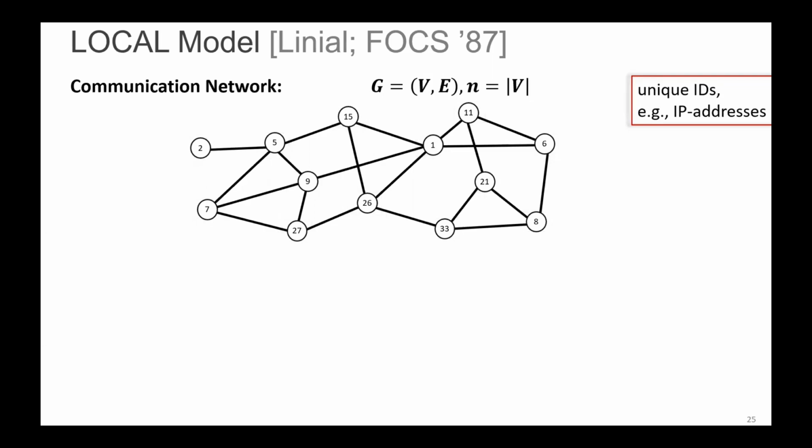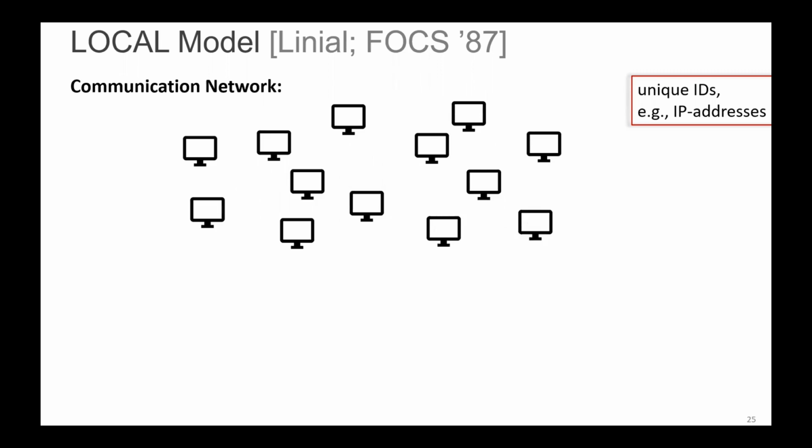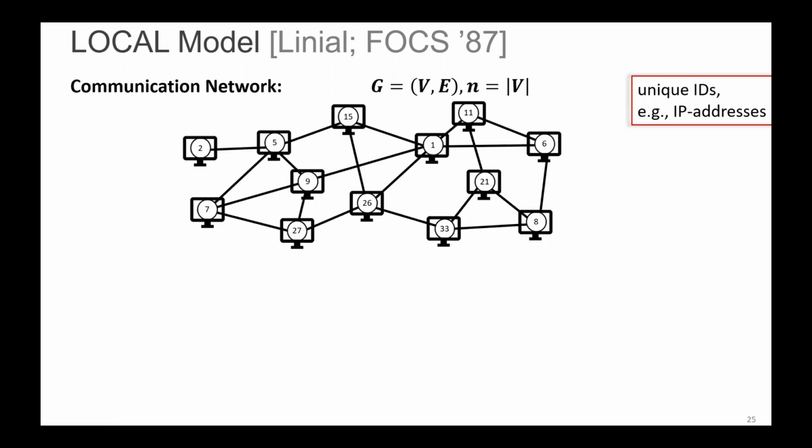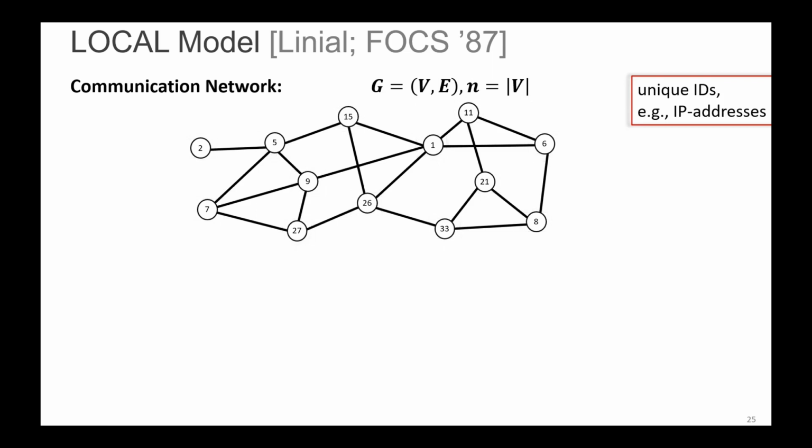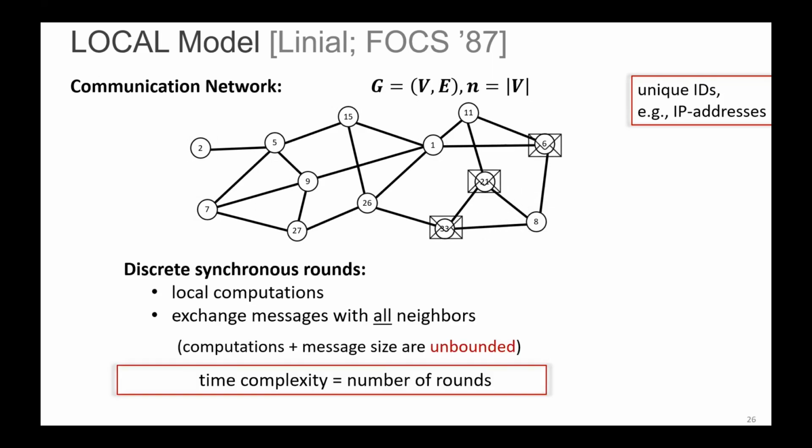So let's look at the model that we consider here in the distributed setting. This is a classic message passing model, the so-called LOCAL model, where we take such a communication network and we abstract it as a graph. Everyone has a unique ID. And now these nodes in the graph can communicate with each other. And this communication happens in discrete synchronous rounds. So in one round, the vertex can perform some local computations and exchange messages with all of its neighbors. And everyone here acts at the same time.